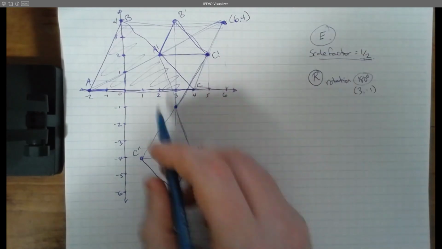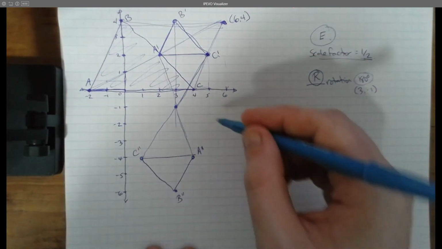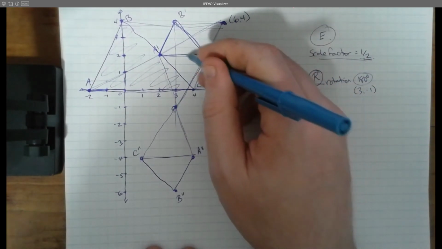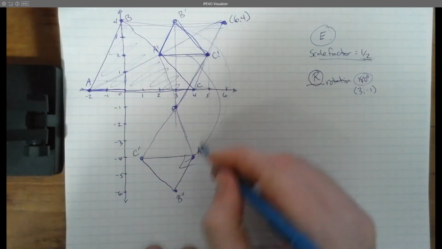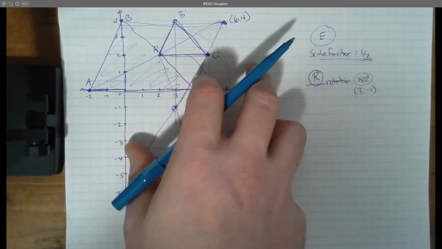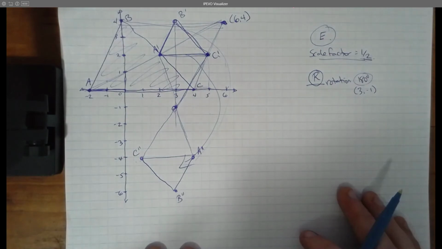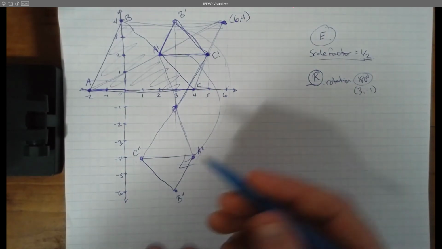Then we went through transformation R, which is a rotation of this. And so we took this image, we rotated it around this point, 180 degrees. You'll notice that our C is in a different spot. It's completely rotated or spun around that particular point.